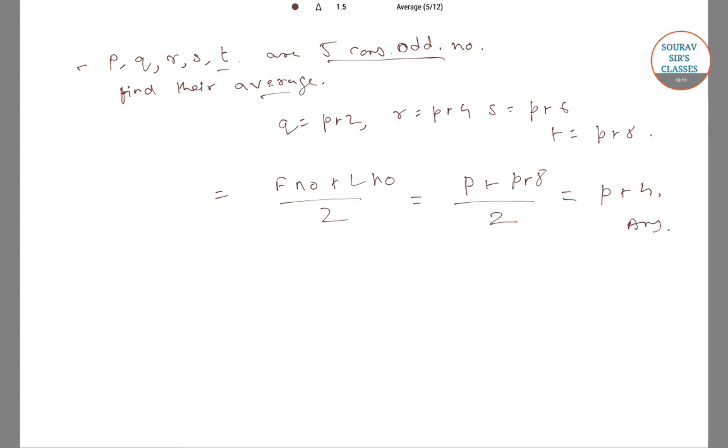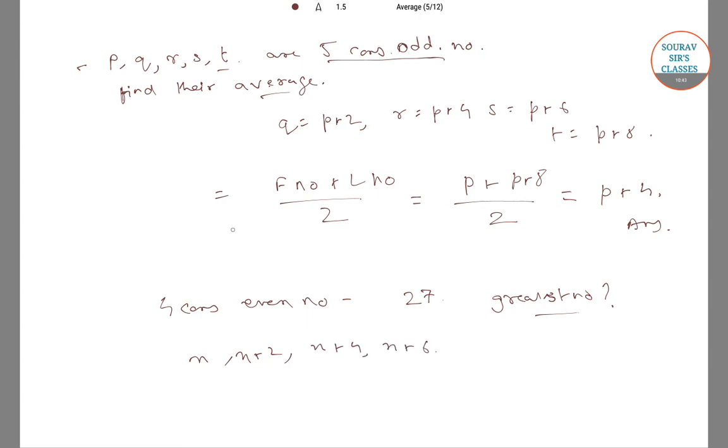Next, suppose we have 4 consecutive even numbers and we are given their average as 27, and we have to find the greatest number. How will we solve it? For this we will denote the numbers as x, x plus 2, x plus 4 and x plus 6.